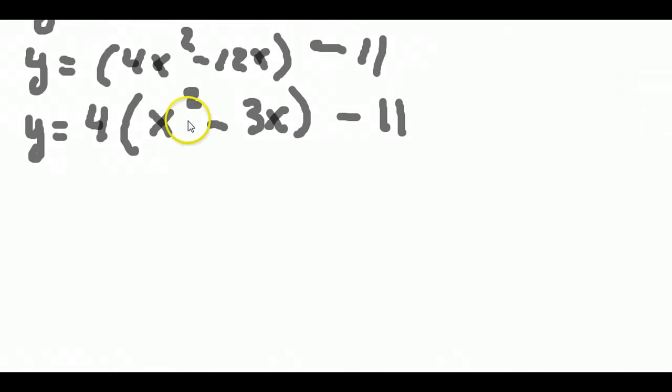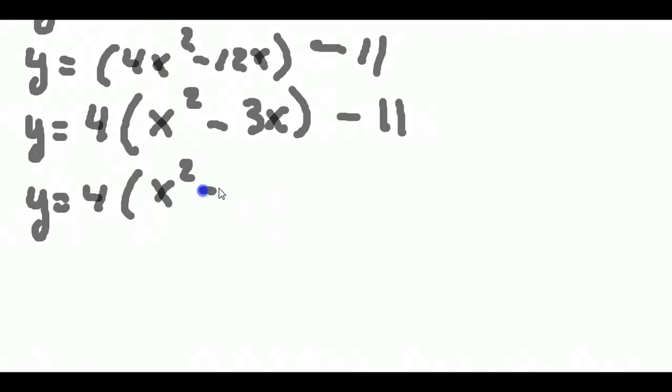Nina, can you tell me how to complete the square for this one, please? We have, in our parentheses, x squared minus 3x. So you take half of 3, which is 1.5.